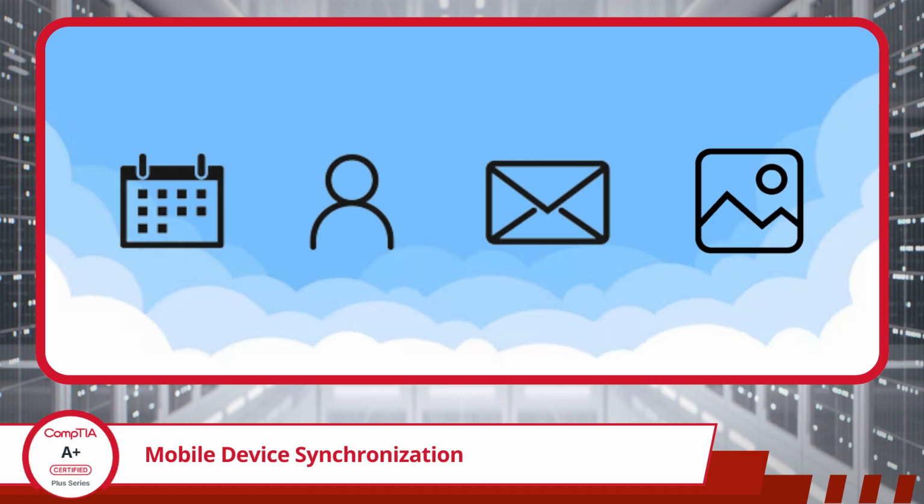Synchronization also plays a major role in business applications, especially email and cloud storage services. Email synchronization allows messages to appear consistently across devices, meaning emails read or deleted on one device reflect the same status elsewhere.